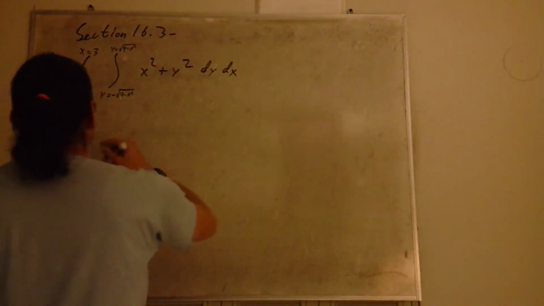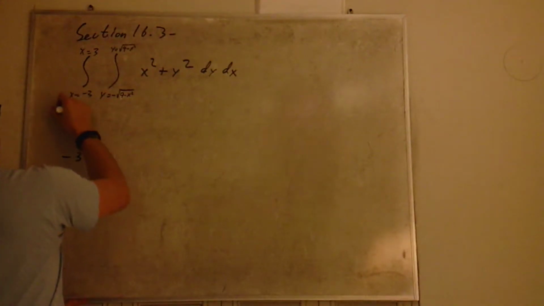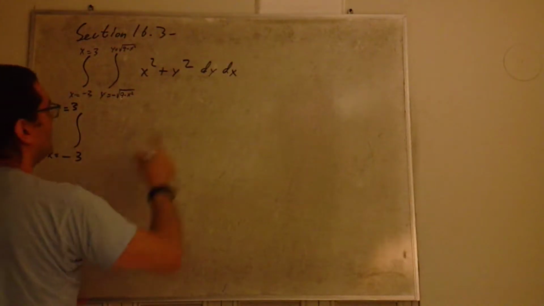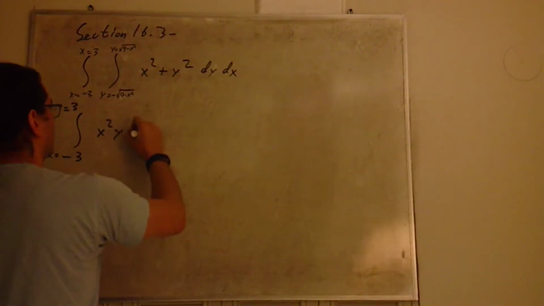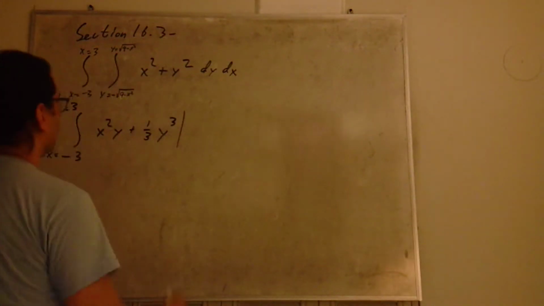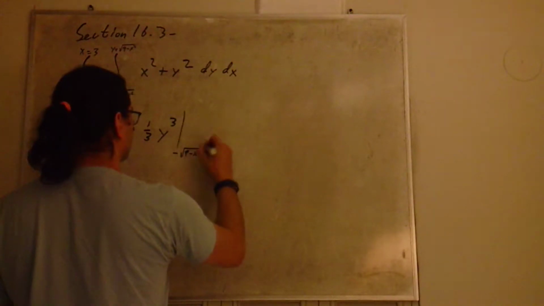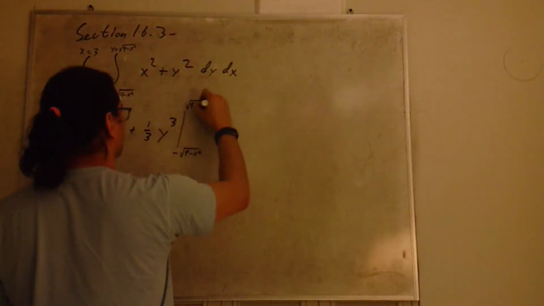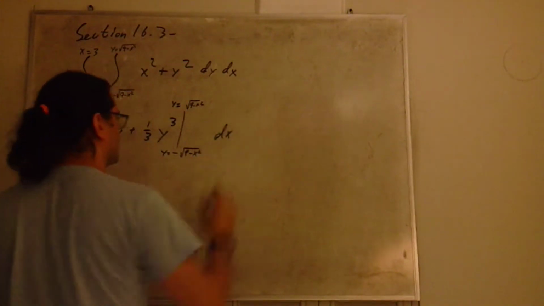dy is our first integral, so when we integrate this, we're going from negative 3 to 3. These are x values. The integral of this with respect to y is going to be x squared y plus 1/3 y cubed, and this is getting evaluated at negative radical 9 minus x squared up to radical 9 minus x squared, and these are still y values, dx.